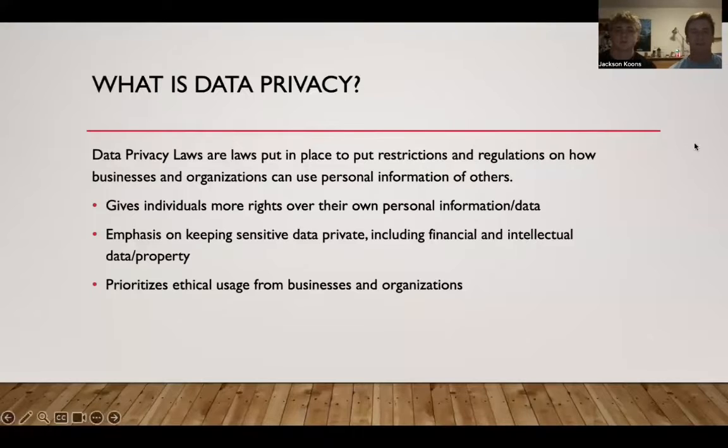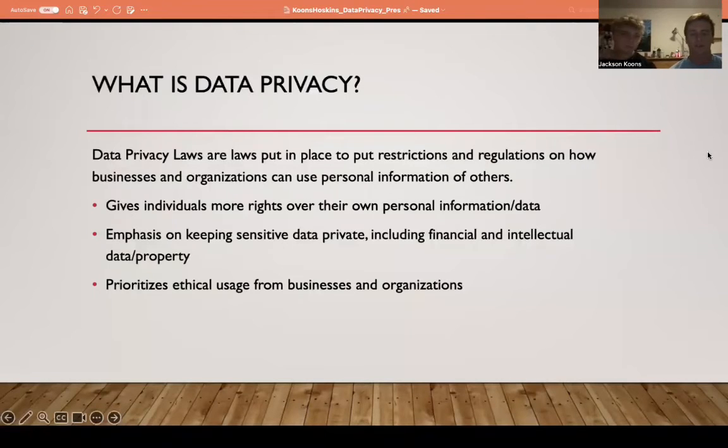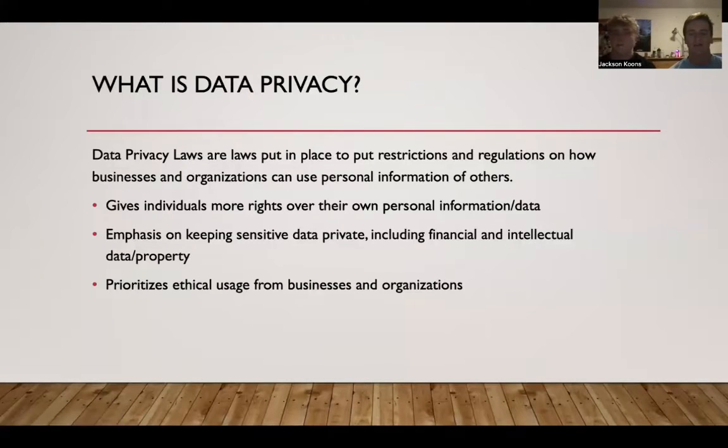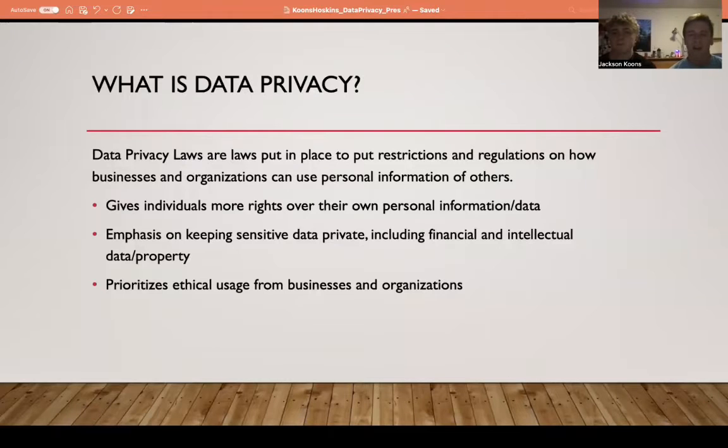So, what is data privacy? Basically, data privacy laws are laws that are put in place to regulate and restrict how businesses and organizations can handle the personal information of others. It gives individuals more rights over the information and data that they give these businesses and organizations, and it puts more of an emphasis on keeping the sensitive data that they give to companies private.